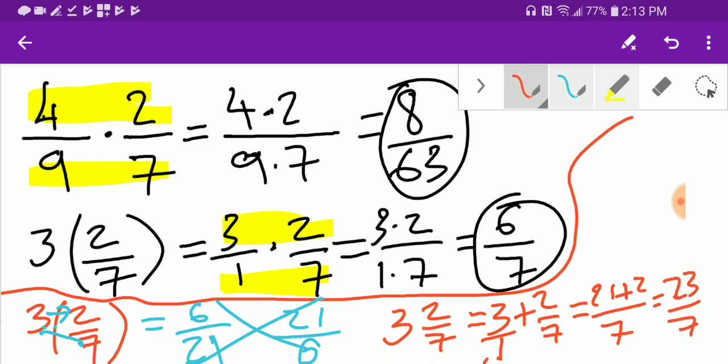This is not the same. This 3 and 2/7 is not the same as 3 times 2/7, because there are no parentheses here. This means 3 plus 2 over 7, but if you have parentheses, parentheses tell you to multiply. So if there's nothing between 3 and a parenthesis, that means multiplication. So please be aware of this mistake.